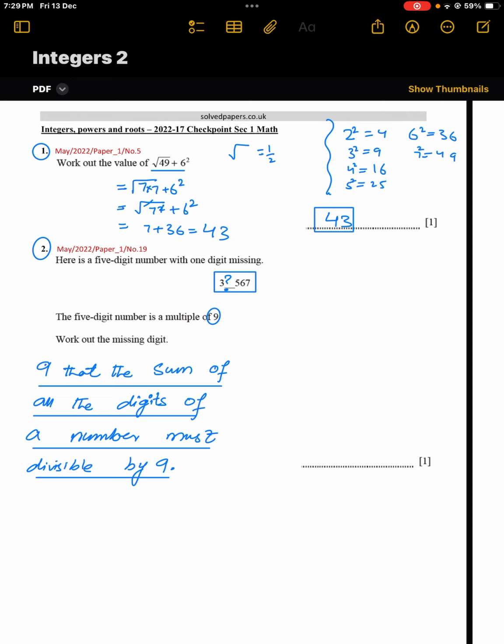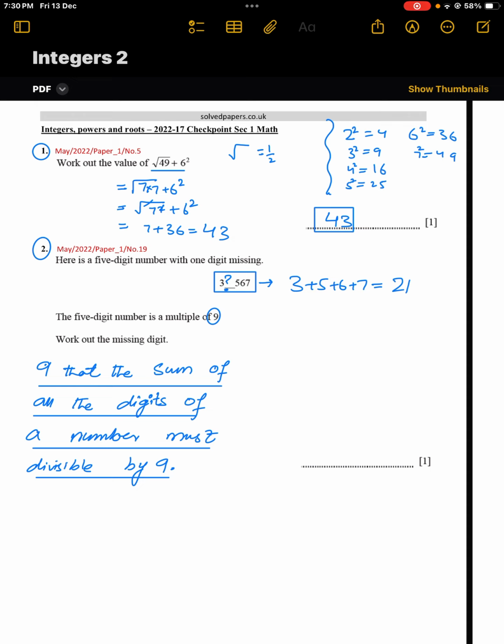Right here, first I will check 3 plus 5 plus 6 plus 7. What do we get? 3 and 5 give us 8, and 8 and 6 will be 14. 14 and 7 will be 21. Now this 21 is not divisible by 9, but I can convert it to a number which is divisible by 9 by adding something.